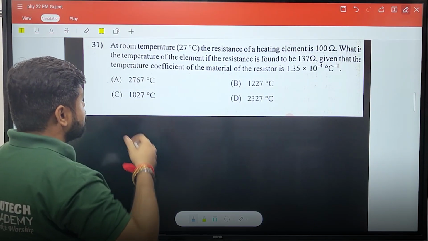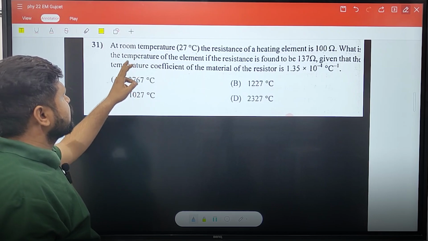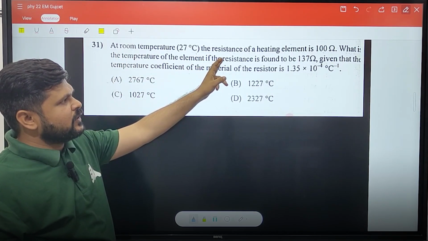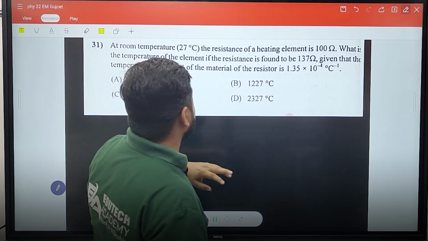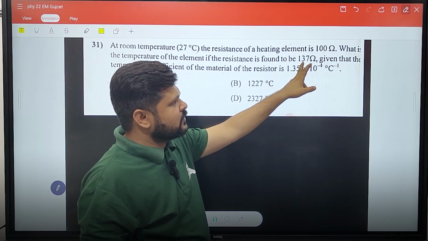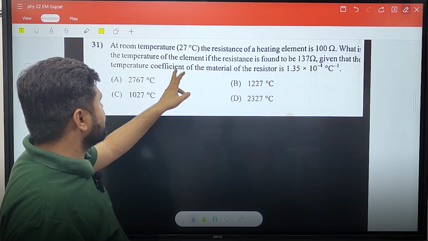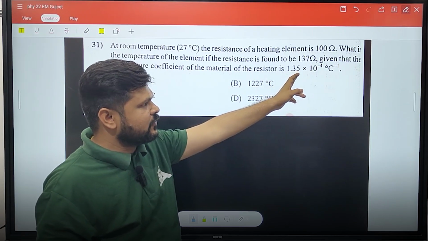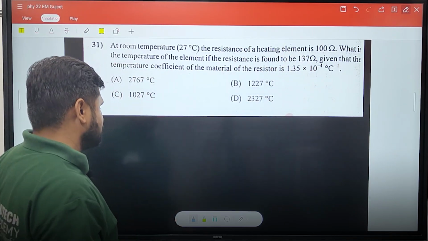temperature dependence of resistance. At room temperature we are given the resistance of a heating element as 100 ohm. What is the temperature when this resistance becomes 137 ohm, and we are given the value of the coefficient alpha as 1.35 into 10 raised to minus 4.